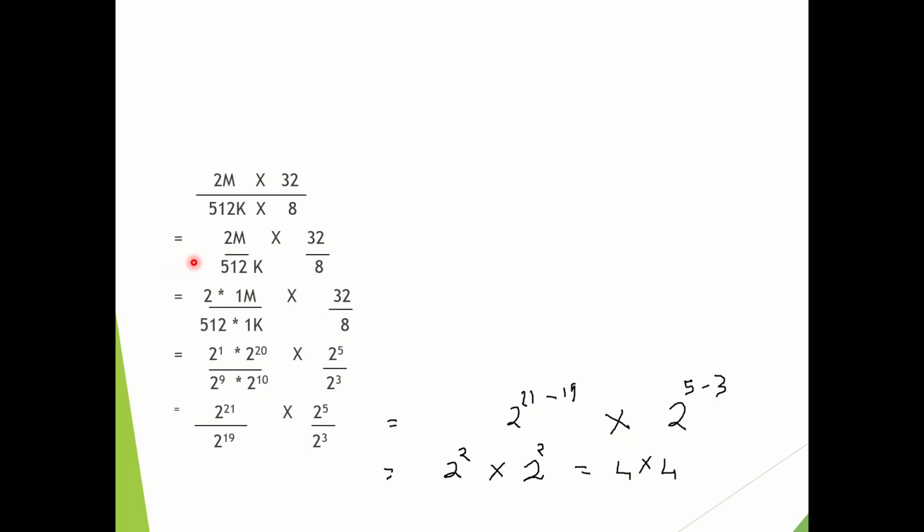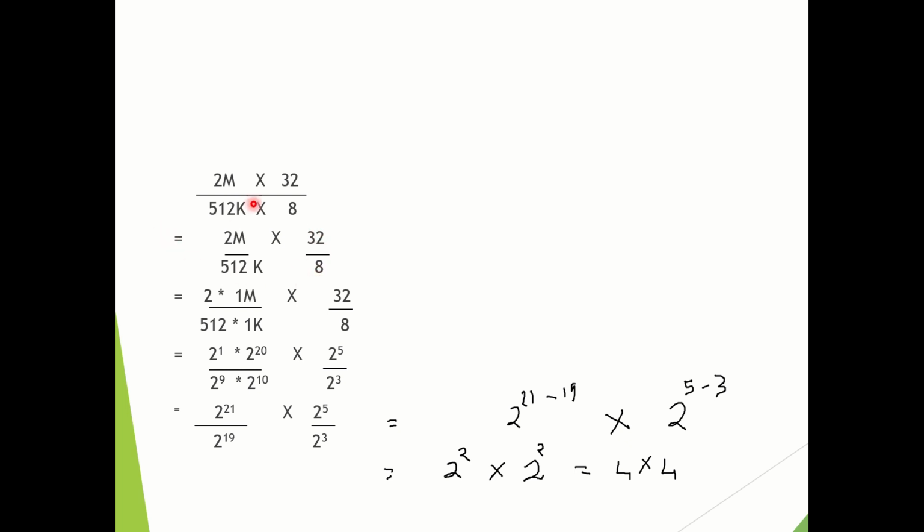The first thing we do is divide the row of the required memory by the row of our smaller chip size. That is 2M divided by 512K. In the same manner, the corresponding column is divided by the column of the chip, that is, 32 divided by 8.